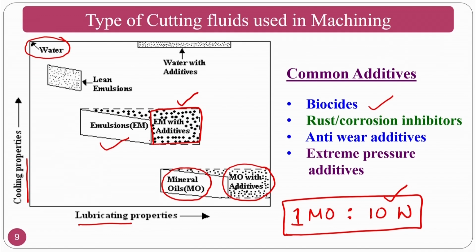For that purpose, you need to have biocides, rust inhibitors. If you are going to use water, what will happen? The final product that is coming out may have rust, because the water will react, especially with iron based work pieces. So, you need to have rust or corrosion inhibitors, anti-wear additives.